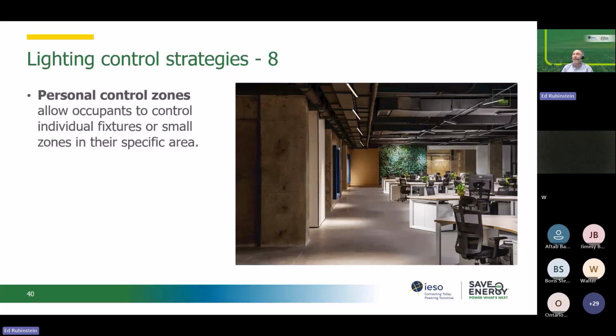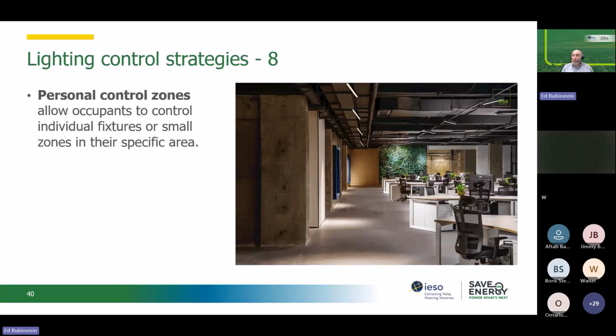So what ended up happening is they'd call down to the facilities group who'd come and take out bulbs, or maybe move a light and things like that. We implemented a system which allowed people to have control of the fixtures directly above their workspace, right? So if I wanted it really bright because I'm reading something or working hard, and my neighbor didn't want it as bright, I could have brighter light here and they could have less light over there, right?